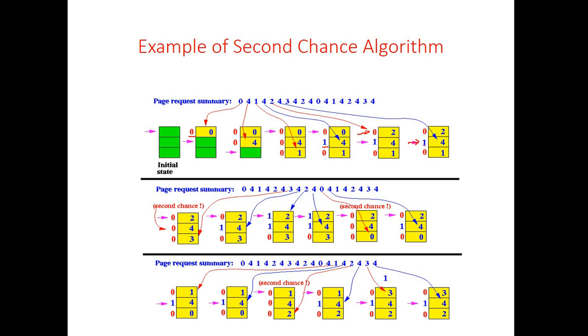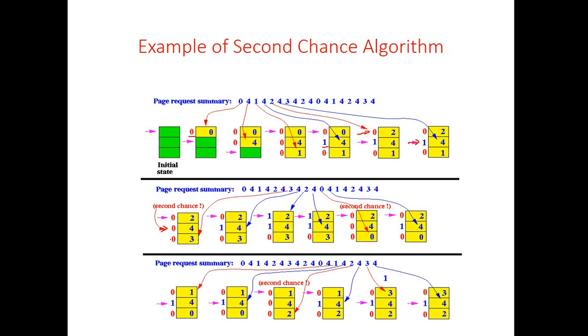So the second chance algorithm will give a second chance to this particular frame, and the corresponding entry of that particular page in the page table is turned from 1 to 0. So we are giving a second chance to page number 4 by converting its bit from 1 to 0.